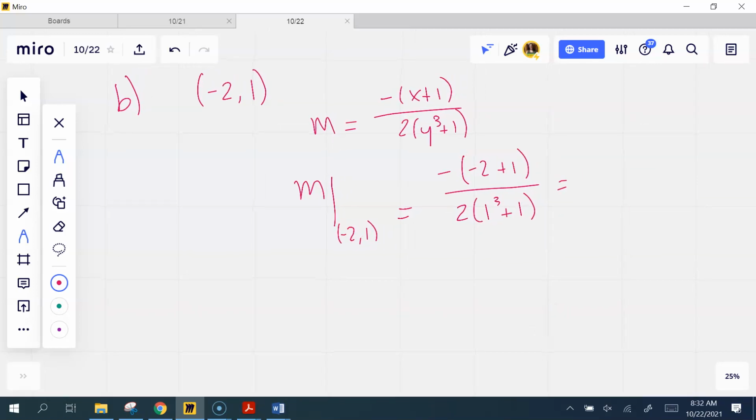But yes, if your slope is right in your equation, you get the point, even if you plugged it in. So this would be negative, negative 1. This is 2 times 1 cubed plus 1, which is 2. So I get 1/4 for the slope. So that's a point if you have 1/4 for the slope. Even if you didn't pull it out and do it separately, if you did the slope within the equation, that's okay. We know the point, right?